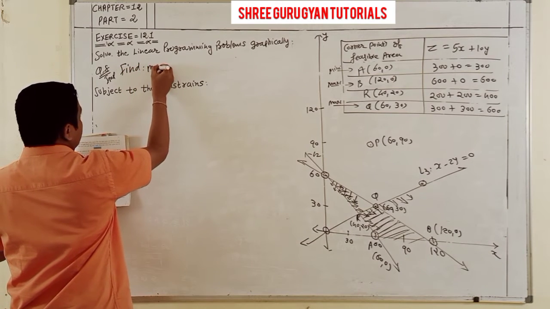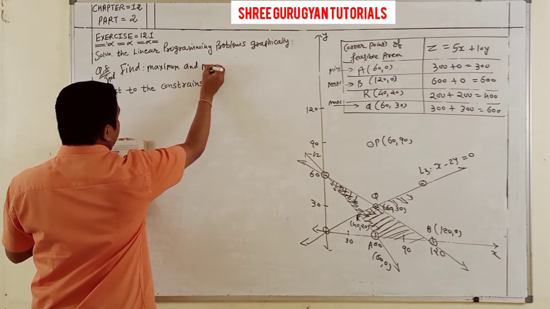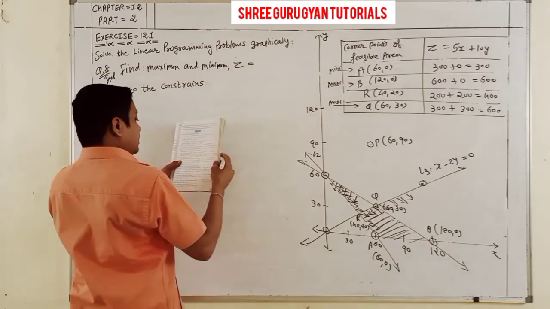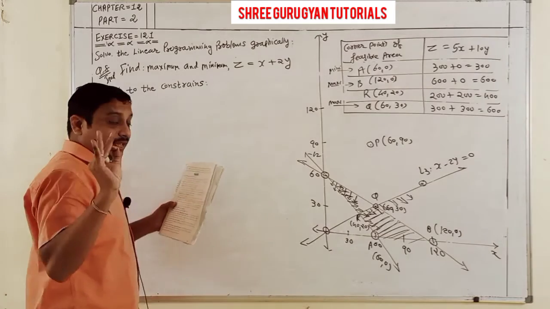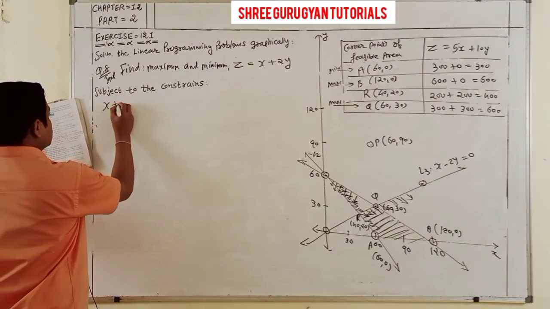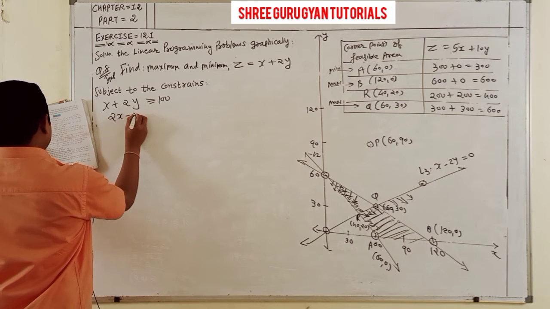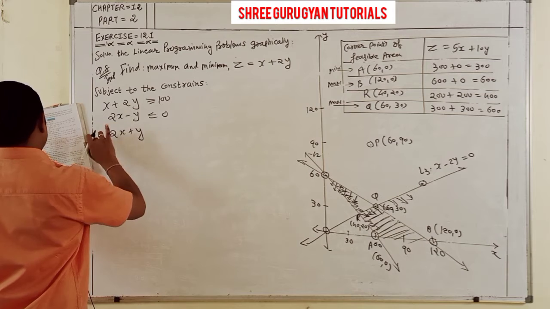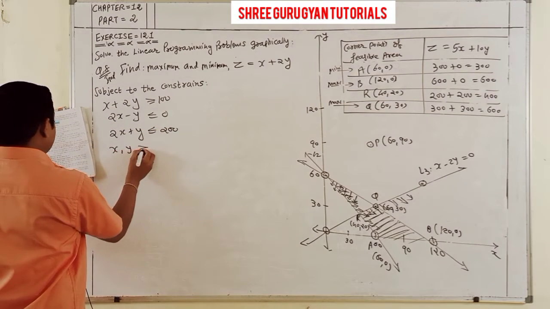Find the maximum and minimum of z given x plus 2y, and the constraints given, students: x plus 2y greater than 100, 2x minus y less than 0, 2x plus y less than 200, and x, y greater than or equal to 0.